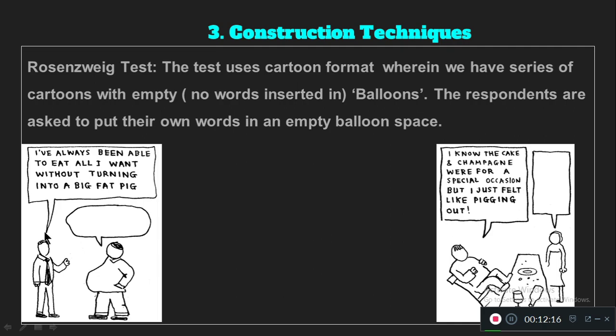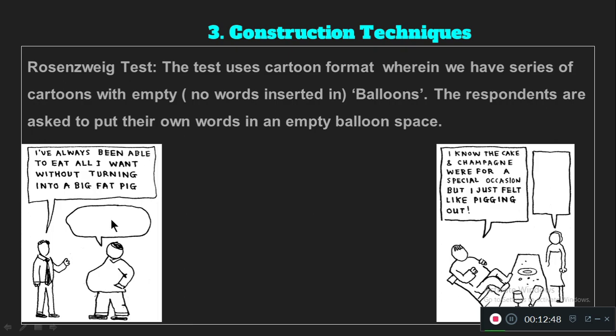For example, in the first picture, the first person says, I have always been able to eat all I want without turning into a big fat pig. What reply will the other person in this picture give? We ask the respondent to fill that in the balloon.